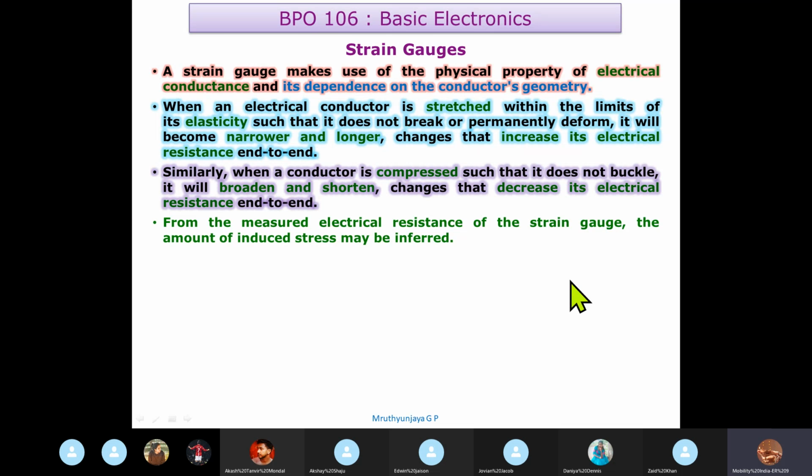That's the concept of the strain gauge. From the measured electrical resistance, the amount of induced stress may be inferred. So by measuring changes in resistance, we can identify the amount of force acting on a particular place. That is the typical application of a strain gauge.